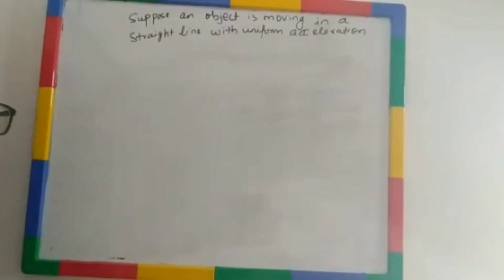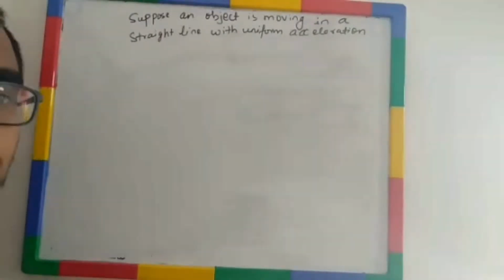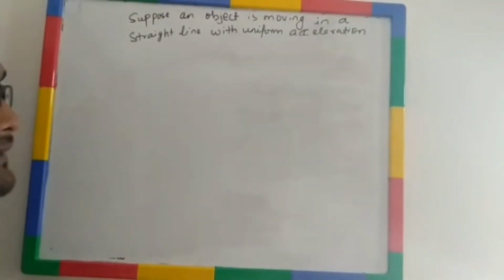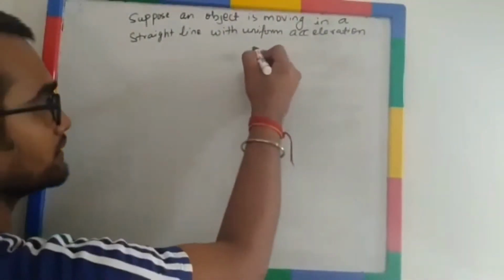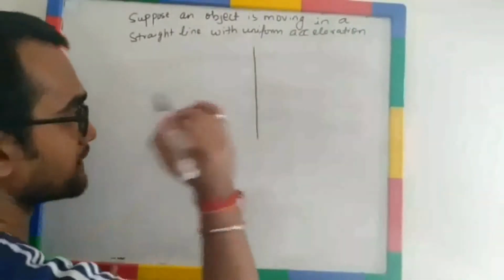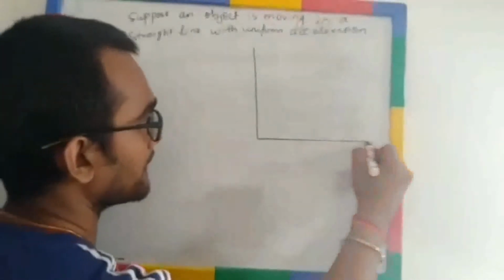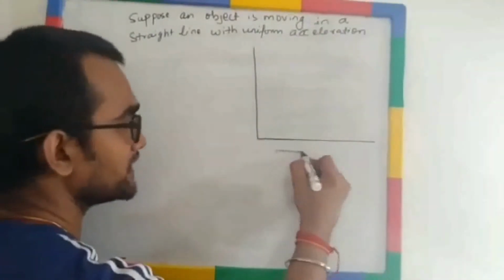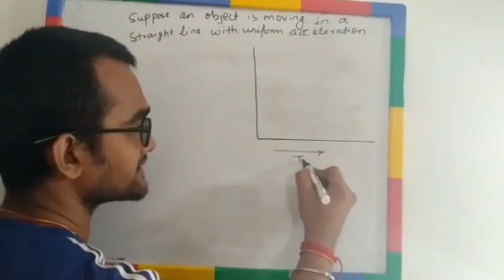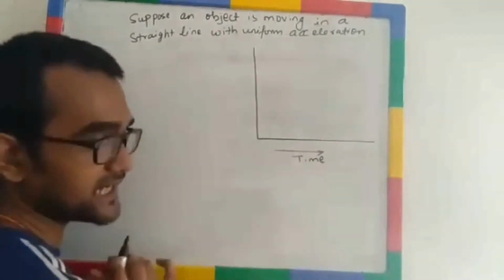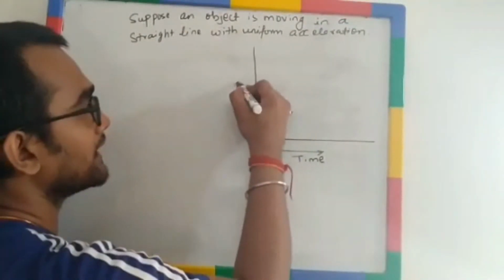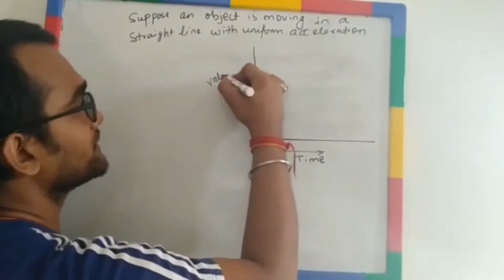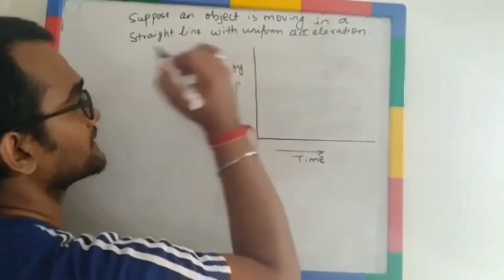For that, we have to draw a velocity time graph of that object. So, this is the velocity time graph where x-axis represents the time taken and y-axis represents the velocity.